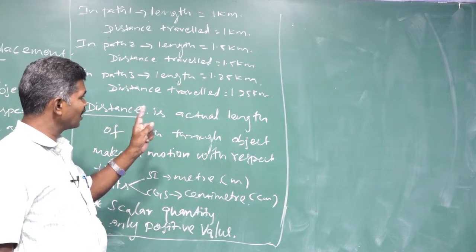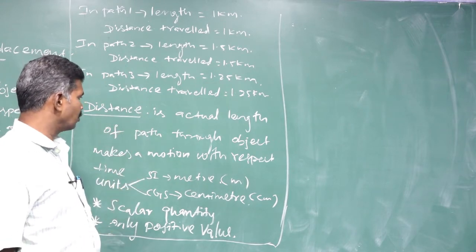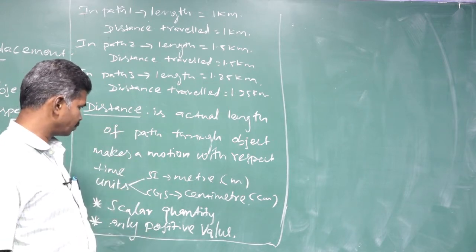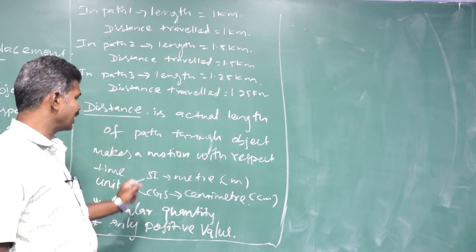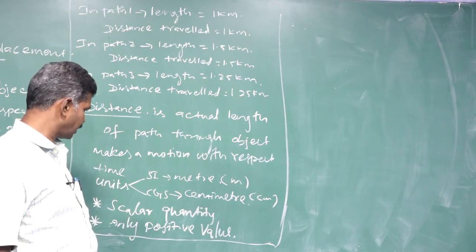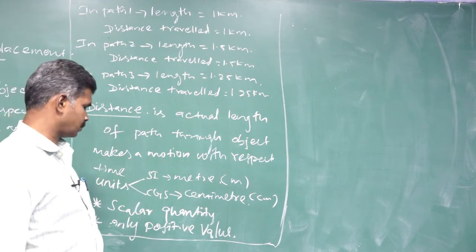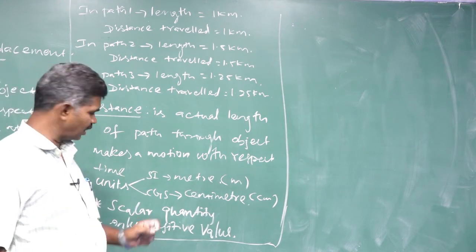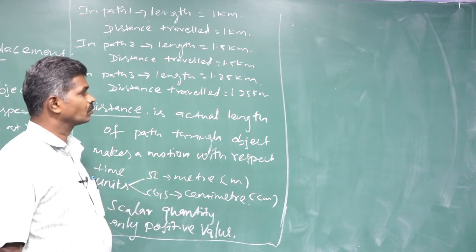So, distance is the actual length of the path through which the object makes a motion with respect to time, and its unit in SI is meter, in CGS centimeter. It is one of the scalar physical quantities. If any physical quantity is a scalar, it has only positive value.